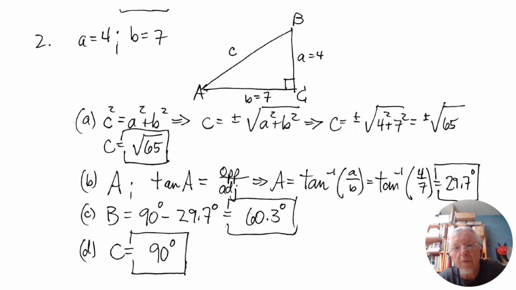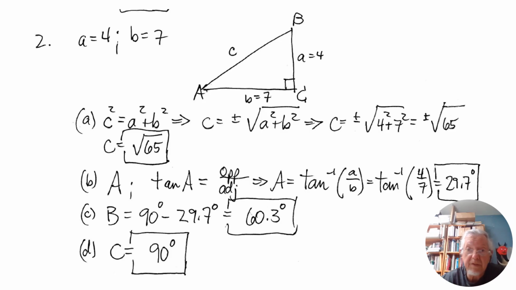Square, plus or minus the square root of 65, positive square root of 65. Done. No approximation, exact answer. All right. Now I need to find angle A. So the tangent of angle A, again, why did I pick tangent? Because these two are given.